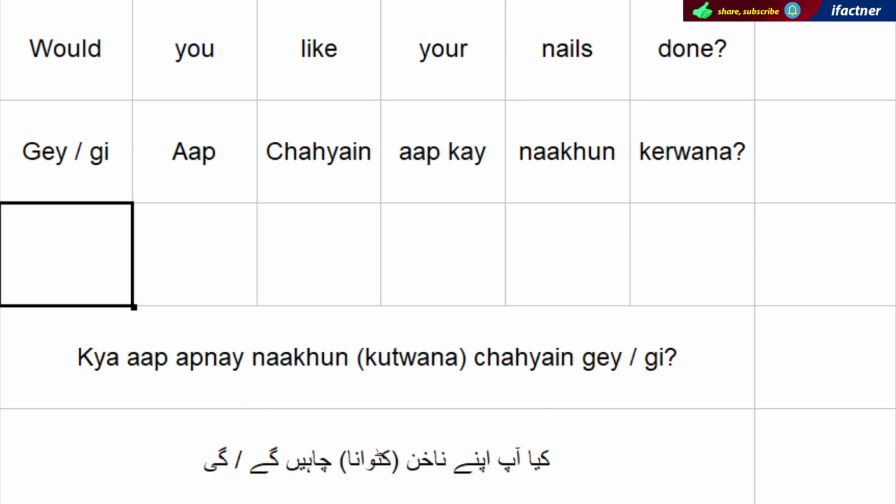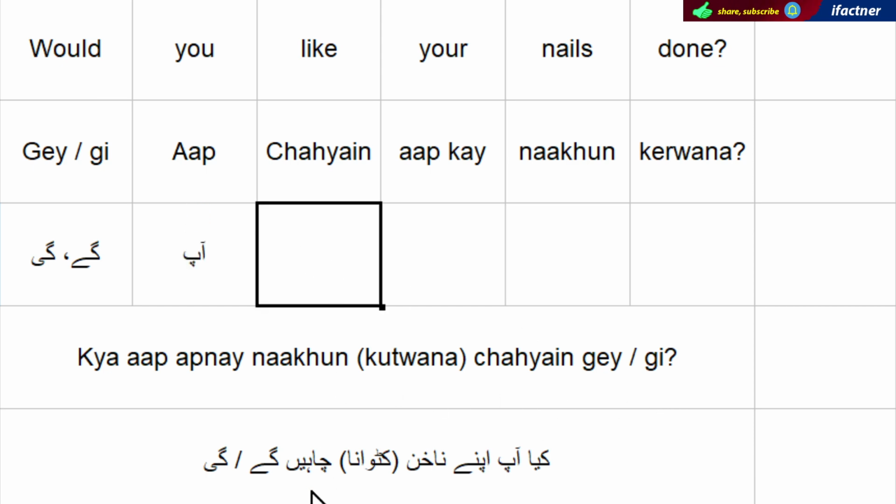Would is gay or gi in Urdu and we write gay as gaf badiye gay and gi as gaf chotiye gi. You is aap, alif madda and pesakin. Like is chahe, che, alif, he, ye, nunna.